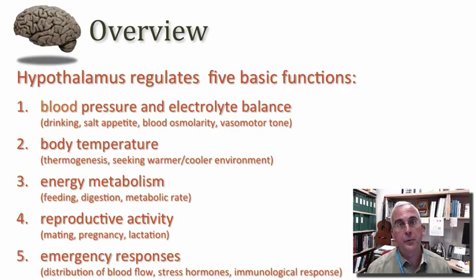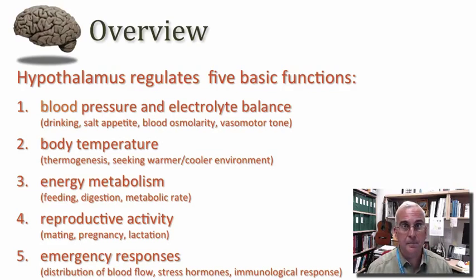It is involved with coordinating the release of hormones, governing the neuroendocrine relation, and in this case of emergency responses, increasing the release of stress hormones that help to mobilize the body for action.